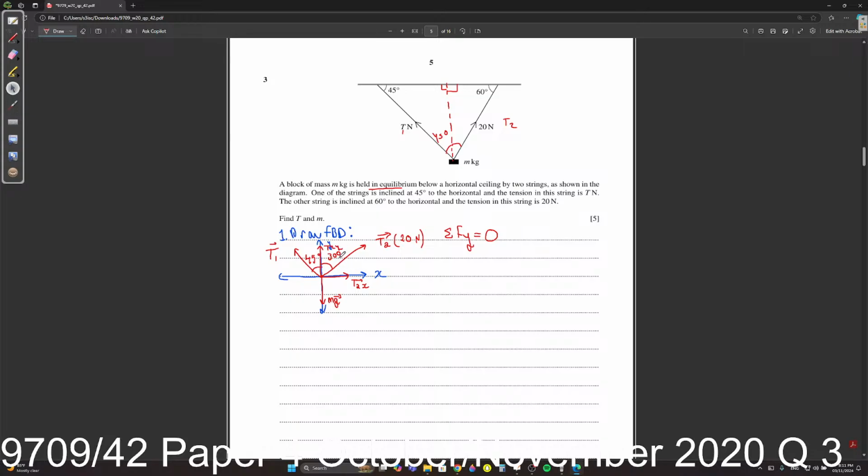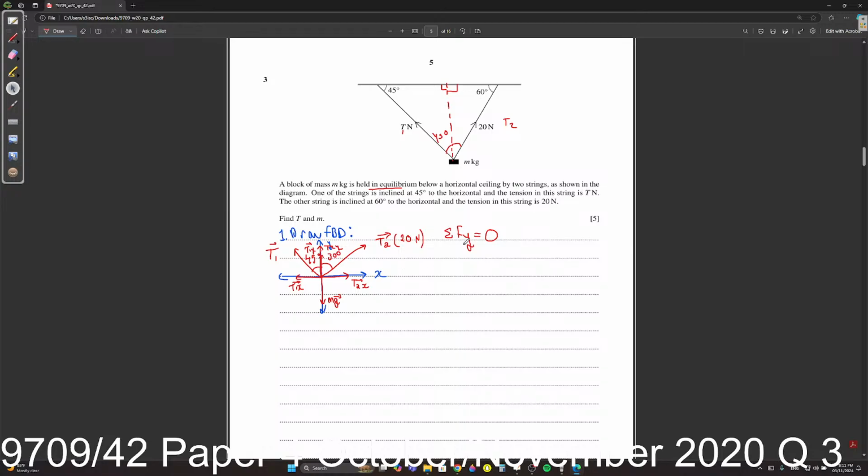Obviously, on your paper, it's going to look better than how I'm writing it here. But just cut me some slack. T1x, T1y. Okay. T2, T1y, T2y, T1, T2, T1x, T2x.